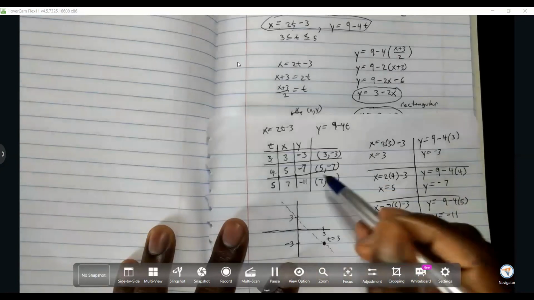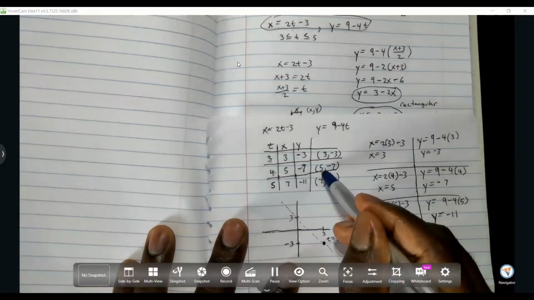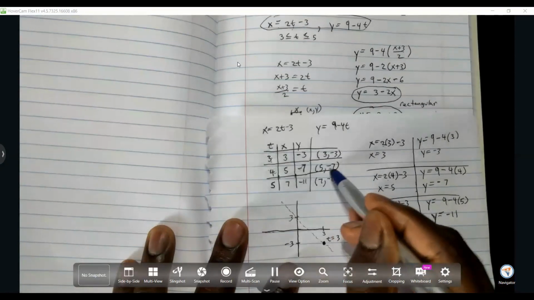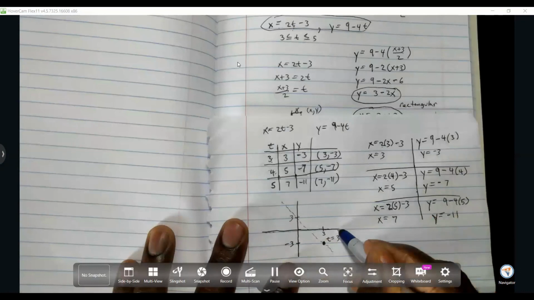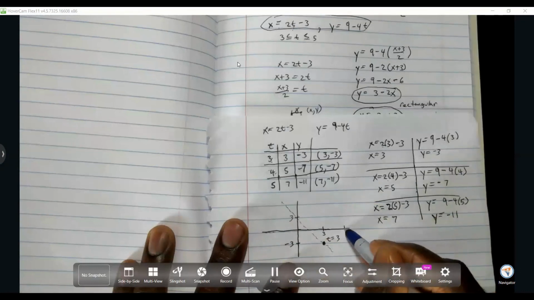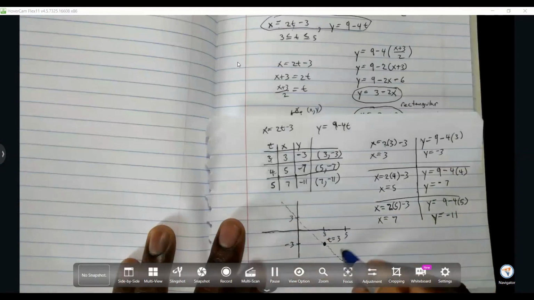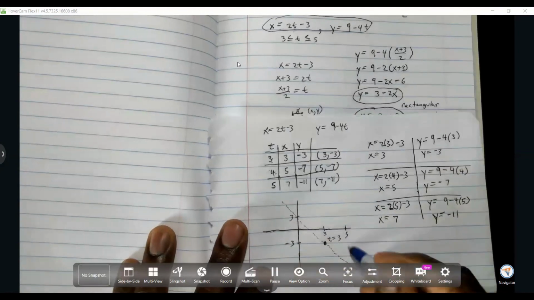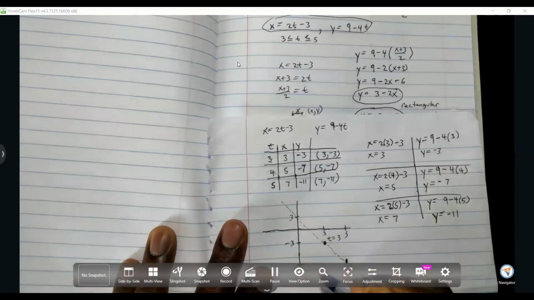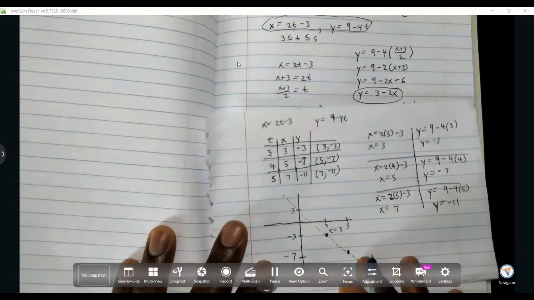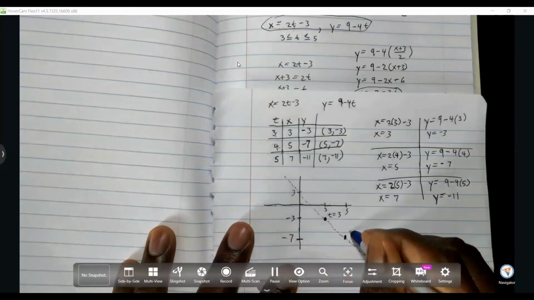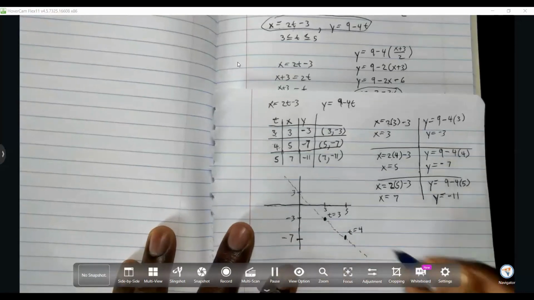All right, so the next point is this one here at 5, -7. So 5, -7 could be here. So this is where t equals 4.